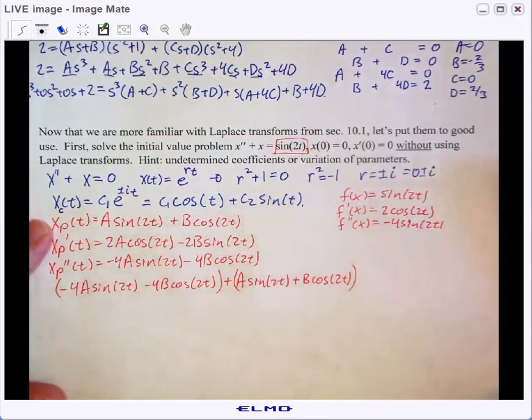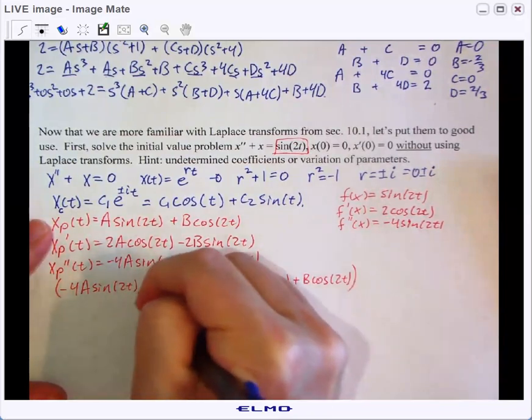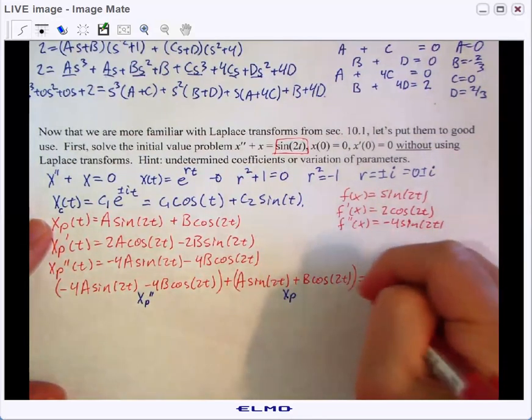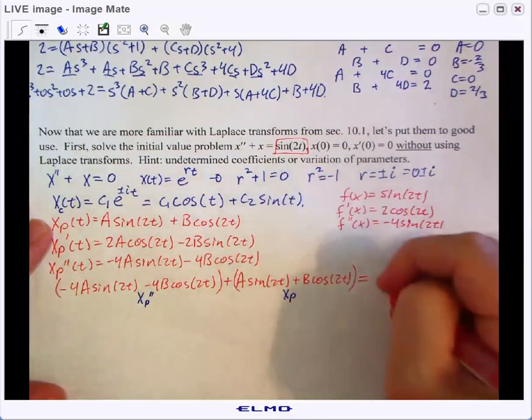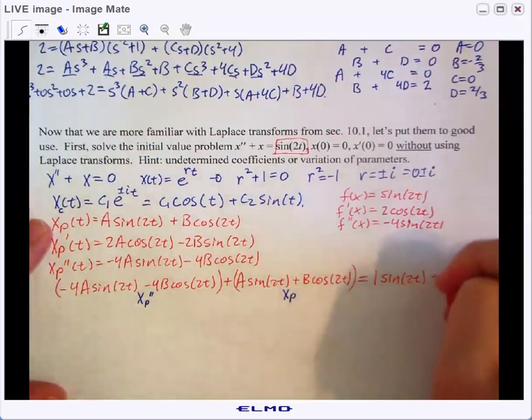And let me label those for just a second. So here's xp, and here's xp double prime. Those need to equal our original non-homogeneous piece, which is 1 sine of 2t plus 0 cosine of 2t.